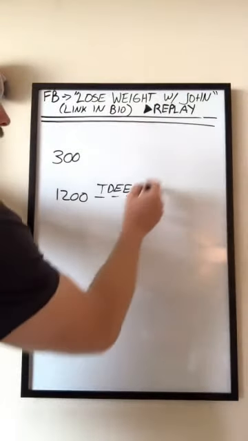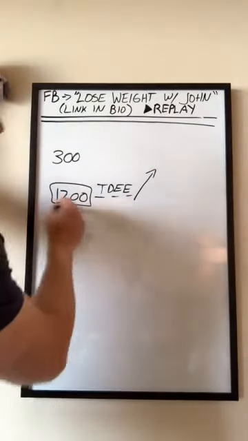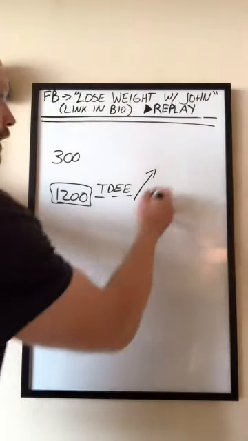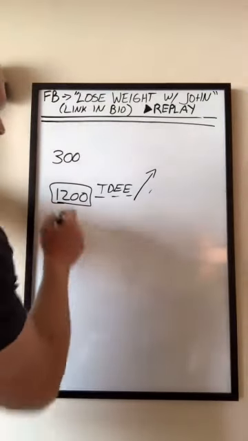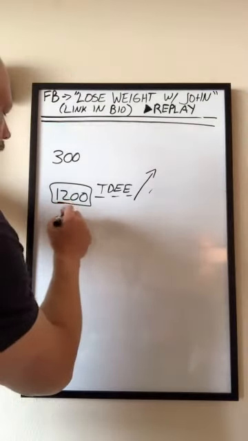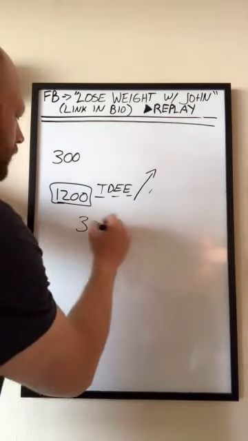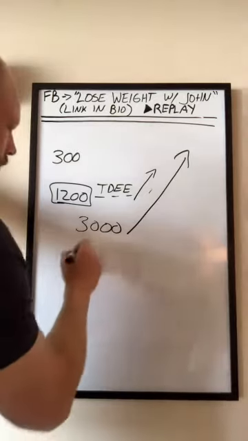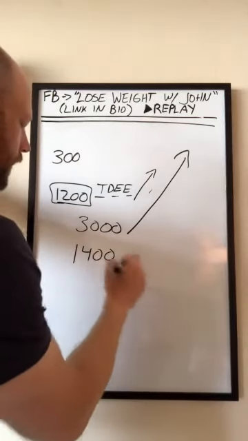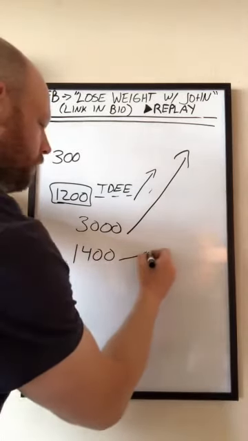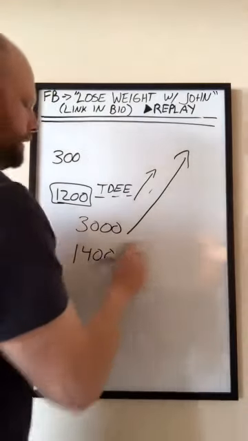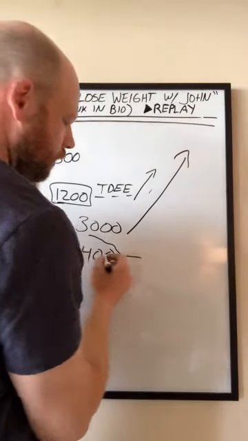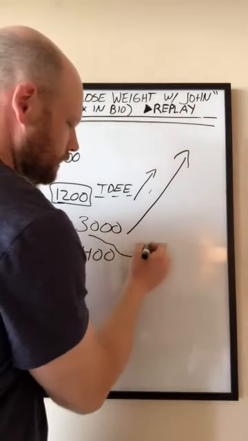If you raise your calories above 1,200, which is already probably depressingly low and probably doesn't feel good, you're going to put on weight. Now, if we immediately move this up to 3,000, you're going to put on a lot of weight. But if we moved it up to, say, 1,400, there will be some weight gain. Let's say the weight has been coming down like this, it's stalled out. When you go to 1,400, your weight is going to do this.